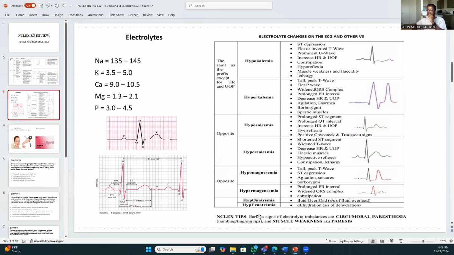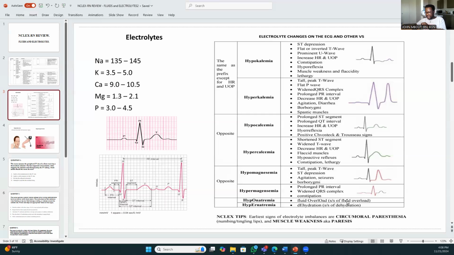With hypernatremia, you see the capital E means dehydration, fluid volume deficit. So you look at the signs and symptoms of fluid volume deficit, of dehydration, that will be caused by excess sodium.